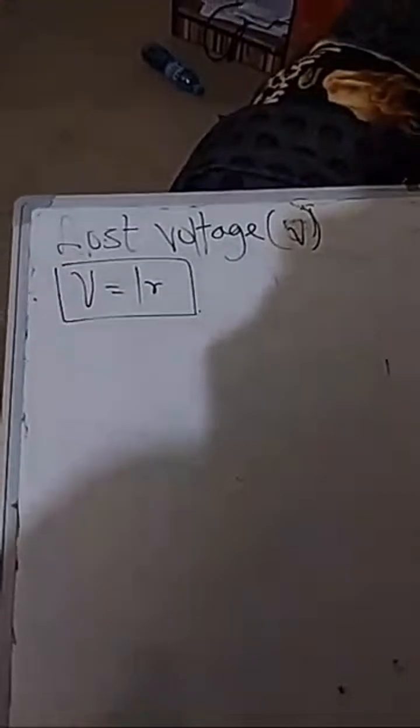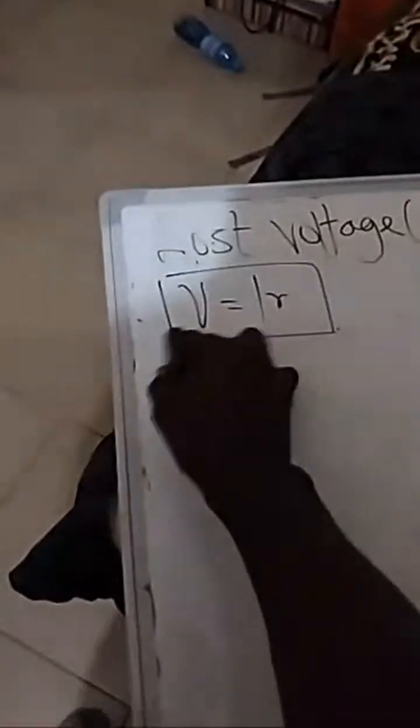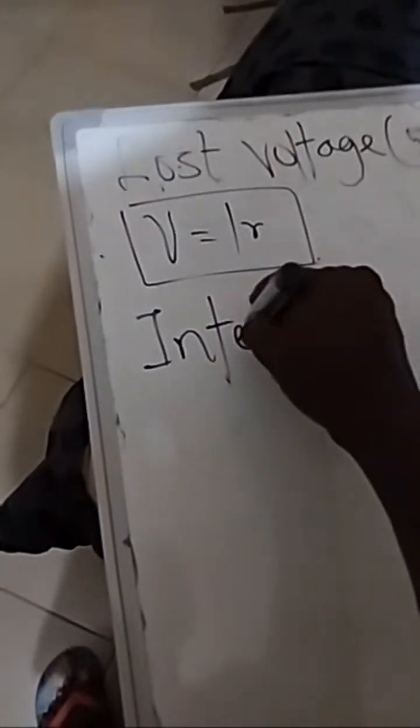They said the cell whose internal resistance. That means that the first information they gave us about this question was the internal resistance. Internal resistance is represented by a small letter r.